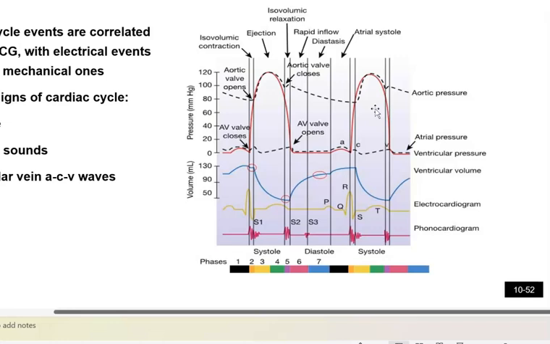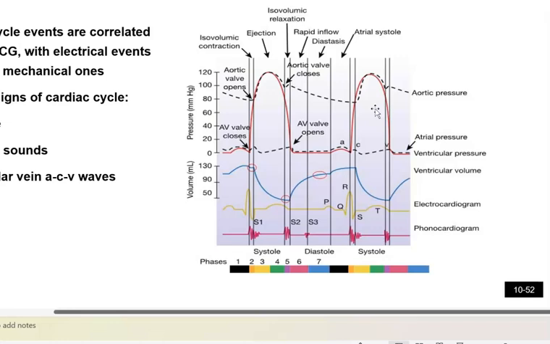So heart sounds are shown from the phonocardiogram data. S1 correlates with the closure of the AV valves. So when you hear S1, that's the closure of the mitral and the tricuspid valves, right? So systole, diastole.